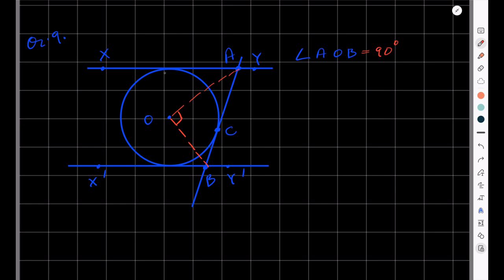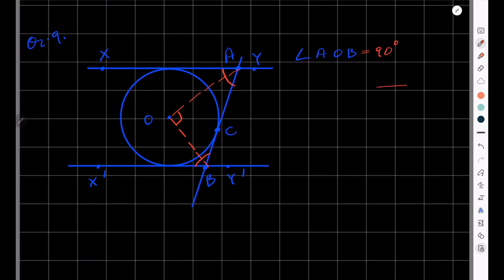But what we can deduce out of it, if these two tangents are parallel, and then AB is the line which is cutting that tangent, then we know that the sum of these two angles will be 180 degree. I'm not sure whether you understand it or not, but this is what it is.